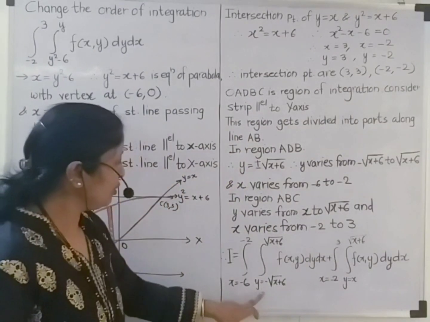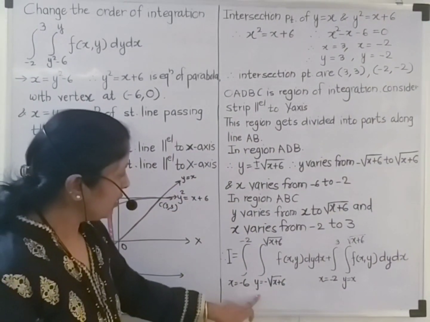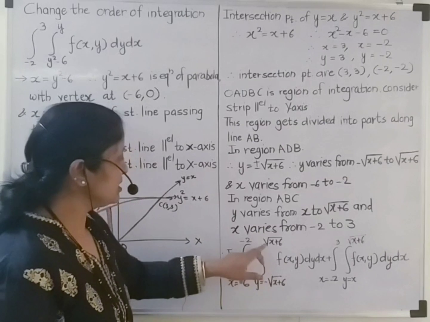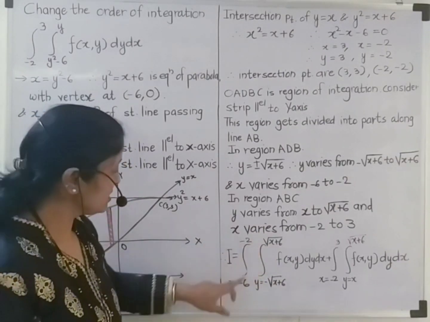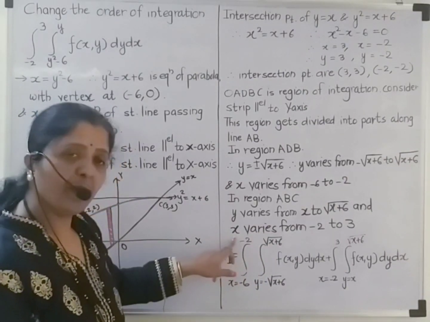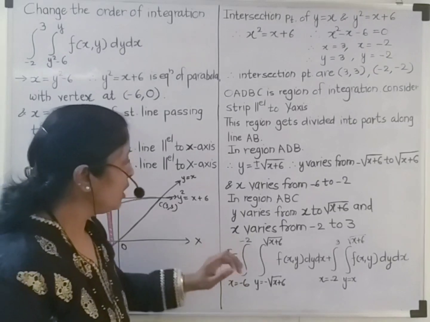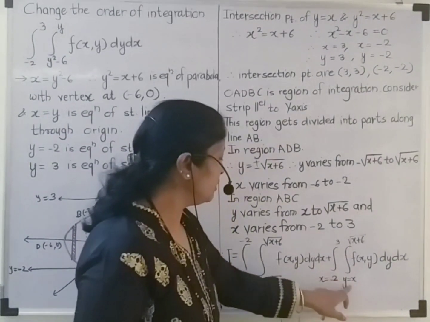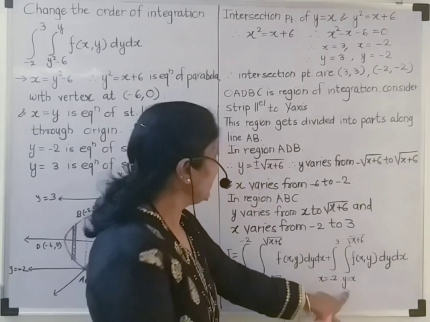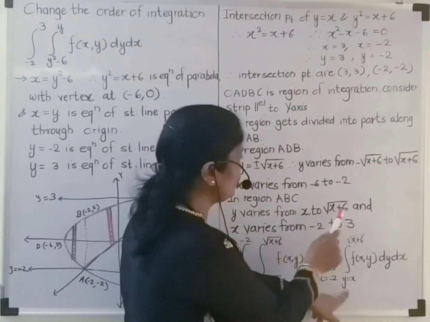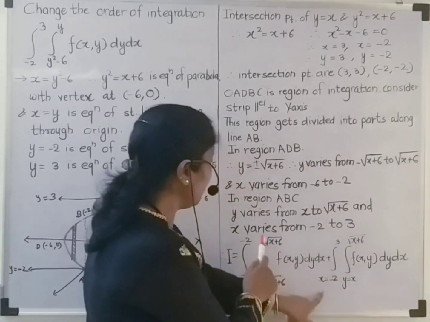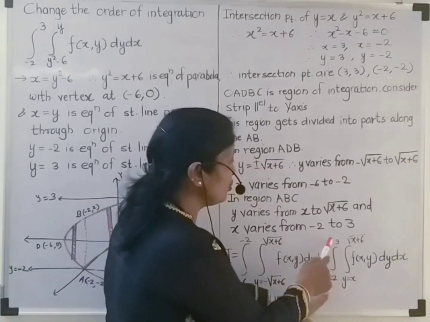So here we will note down: y goes from minus root of x plus 6 to plus root of x plus 6, and x goes from minus 6 to minus 2, and plus, in the second integral y goes from x to root of x plus 6, and x varies from minus 2 to 3.